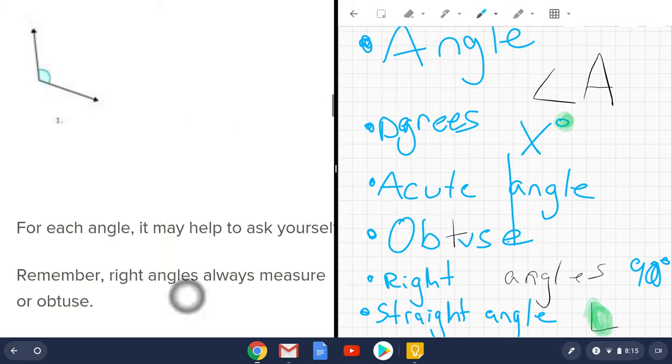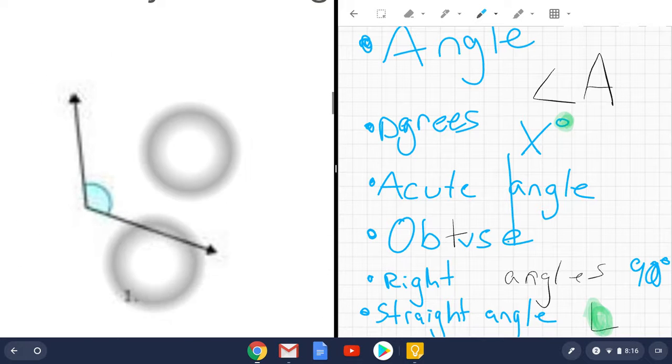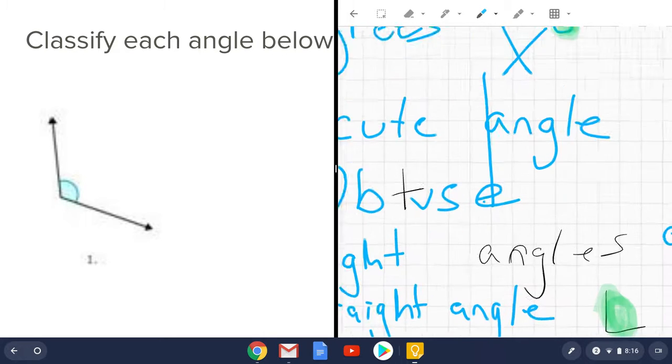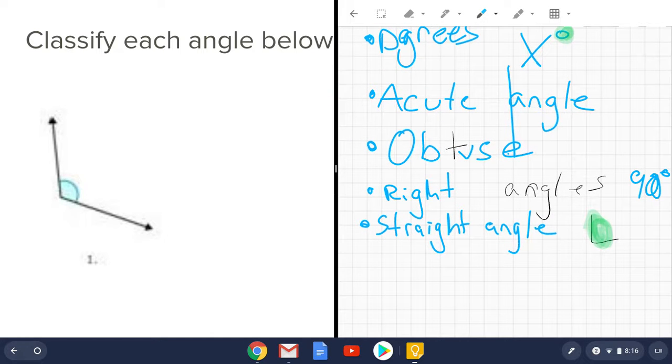Now, let's look at some examples here. Right on my screen, I have angle 1. Now, we need to classify this. Is this an acute angle, an obtuse angle, a right angle, or a straight angle? Acute angles have to be less than 90 degrees. A right angle, we know, looks like this, right?